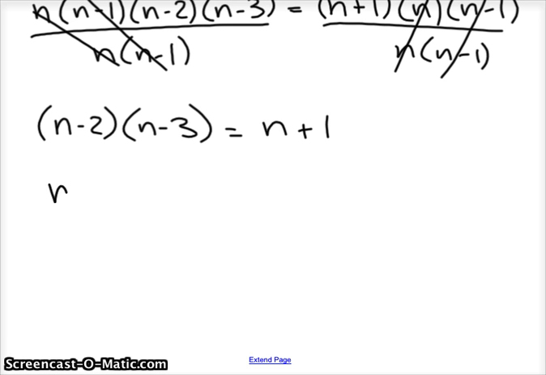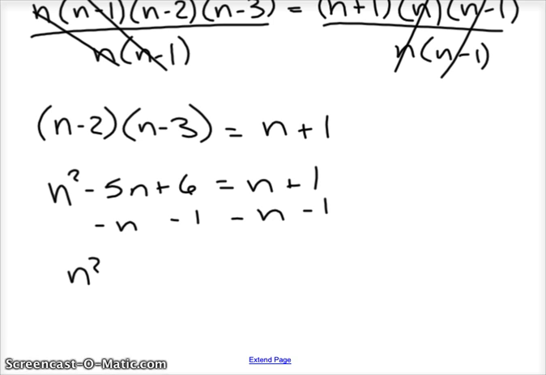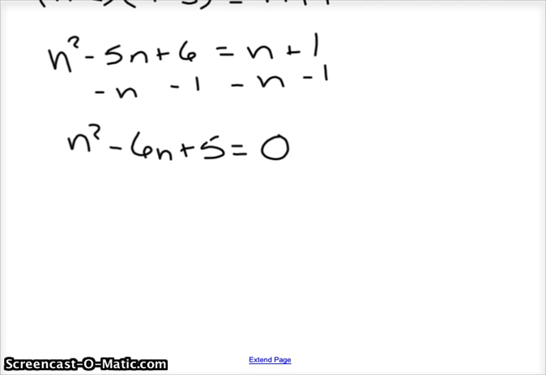FOIL here, I get n squared minus 5n plus 6 equals n plus 1. Yes, you know exactly where this is going. I'm going to subtract n and I'll subtract 1 from both sides. I'm left with n squared minus 6n plus 5 is equal to 0.